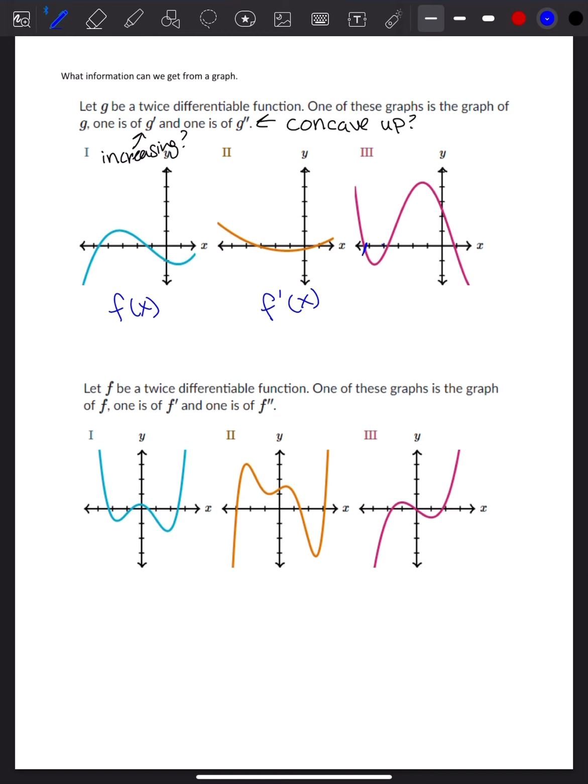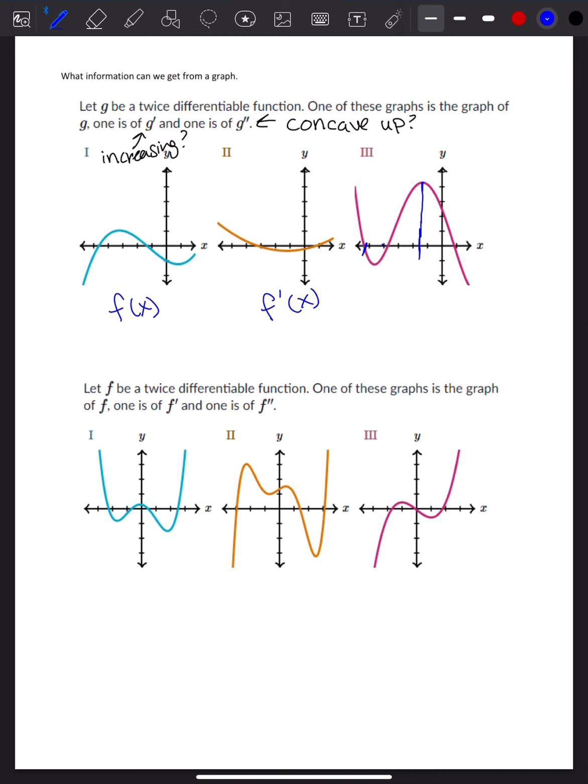Right before -5, I am decreasing, which means I should be below the x-axis. In between -5 and about here, a little before -2, a little after -1, we are looking at that positive value, and then after that we are negative.